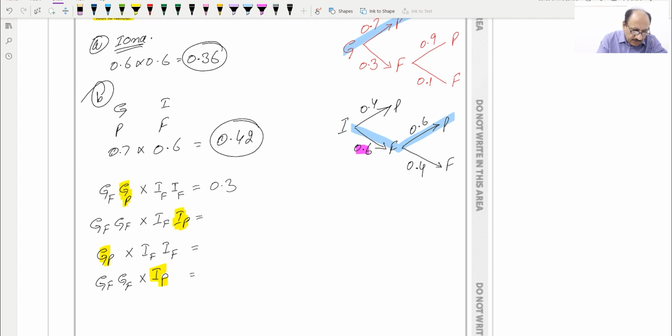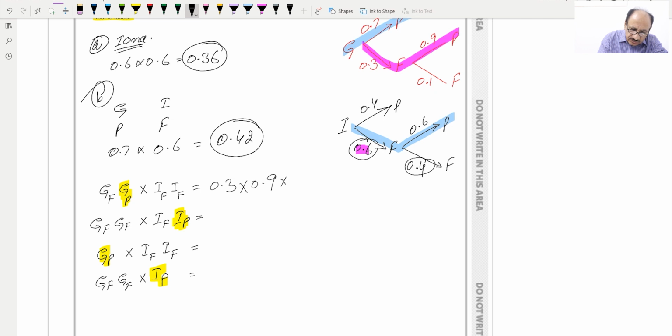Fail first and then pass will be which route? This will be fail then pass. So 0.3 into 0.9 will be the option, and for Eona fail and fail will be 0.6 and 0.4.